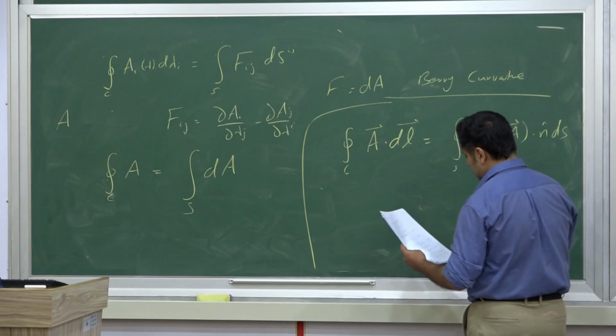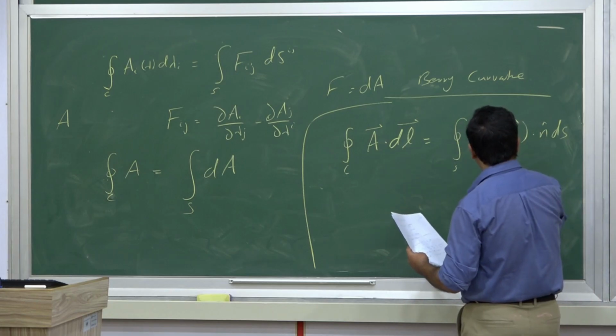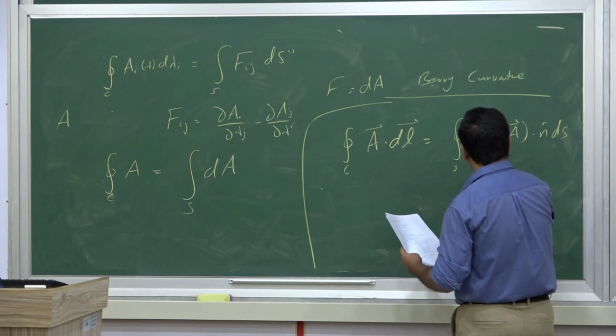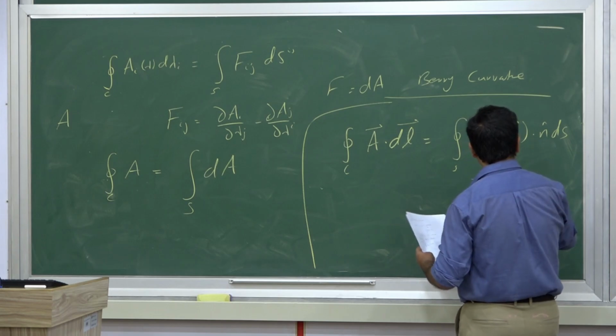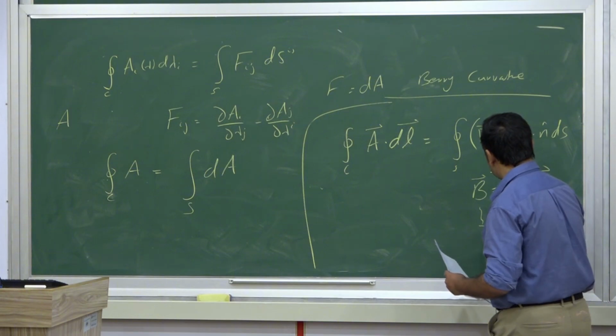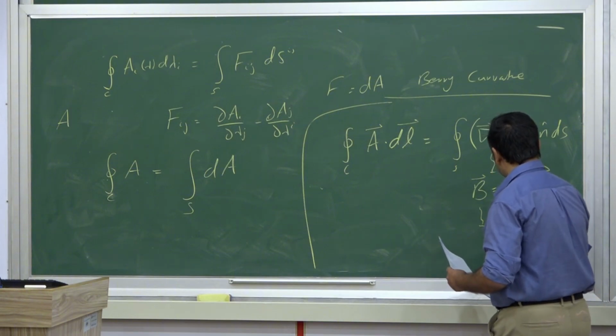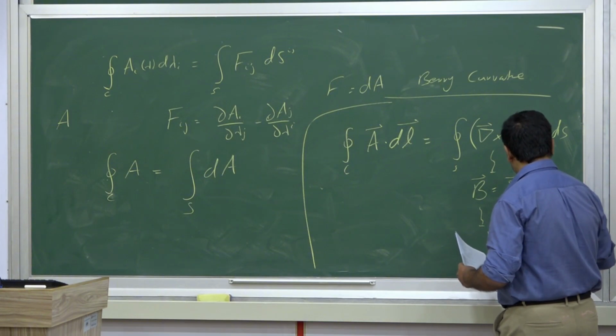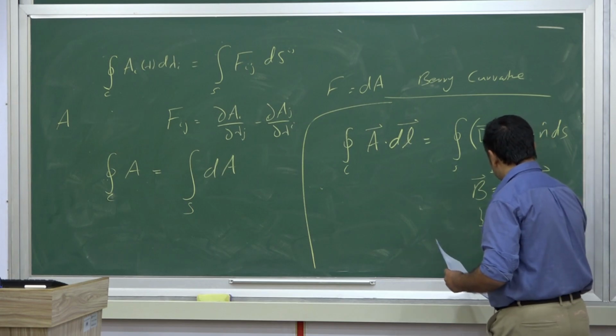And this thing you can call, this is just names, this kind of a magnetic field, Berry curvature, or magnetic field.